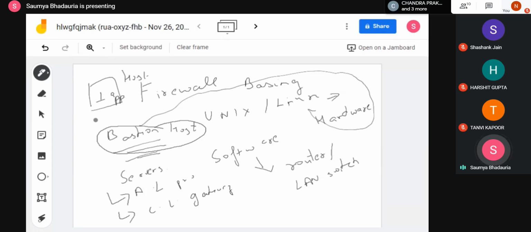Okay. Now, the bastion host would execute a very secure version of the operating system. That secure version would also harden the system. It would have the very essential services which have been installed by the network administrator. This normally would have applications like DNS, SMTP, FTP, or HTTP running.